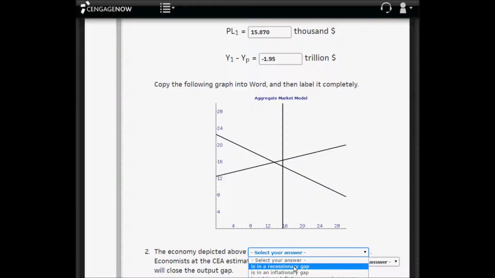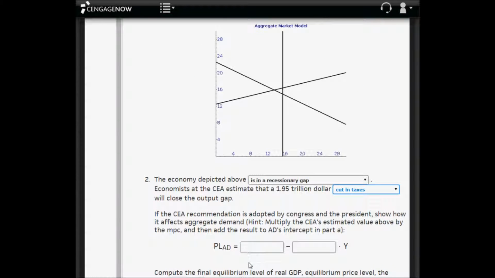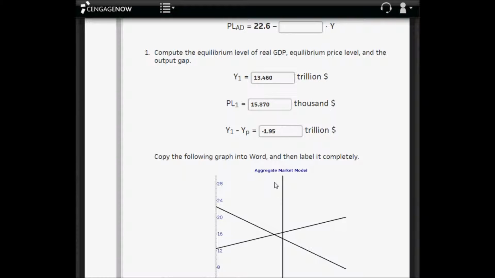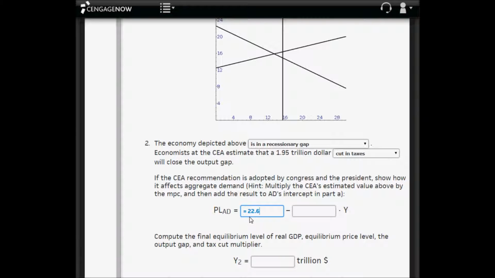The economy is in a recessionary gap, and economists at the CEA estimate that a $1.95 trillion tax cut will close the output gap. To get the final aggregate demand intercept, the aggregate demand curve that will go through this point here, we copy the initial intercept into this blank down here.